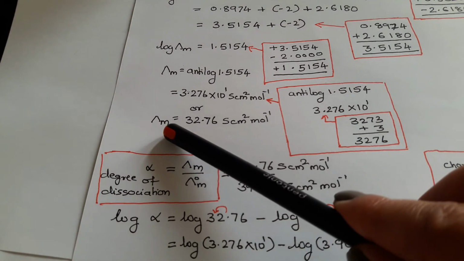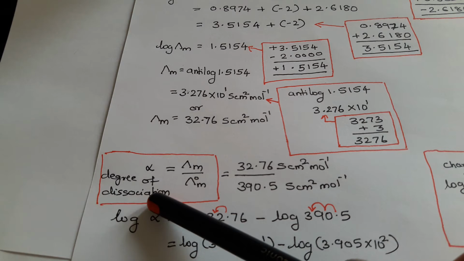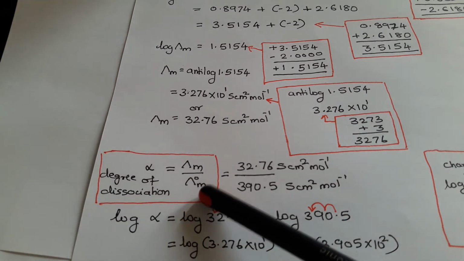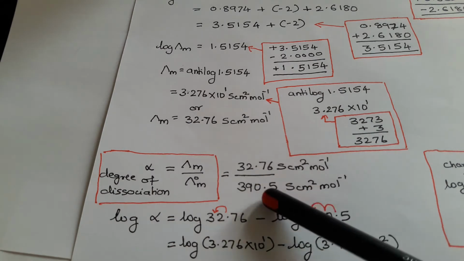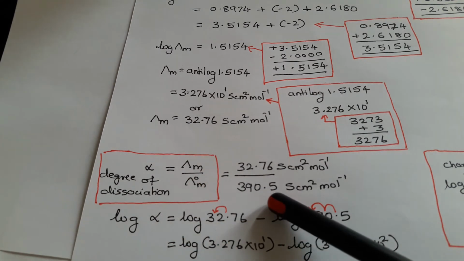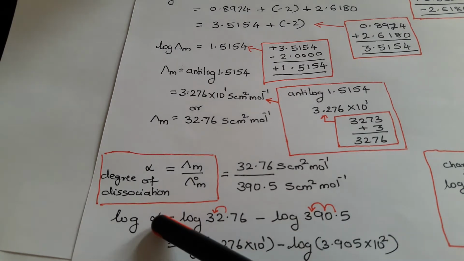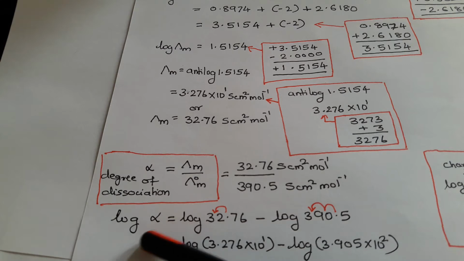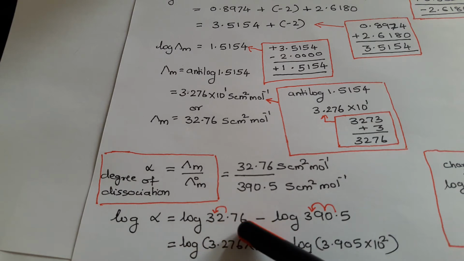Using the lambda m value, we calculate alpha, that is degree of dissociation, and the value of lambda m naught is already given in the numerical. So we substitute the values of lambda m and lambda m naught in the formula. Now again we solve using log. So we write log of alpha is equal to log of 32.76.